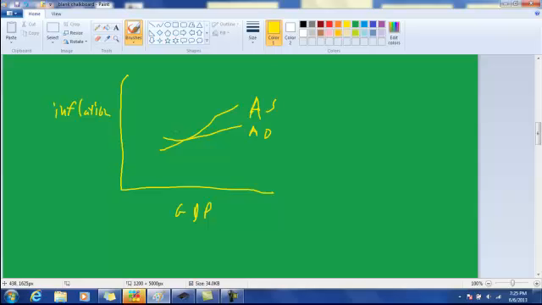But doing it this way, if we raise aggregate demand, which means raising inflation, not shifting the curve to the right, but shifting it up to the left, then you do get more output. So this is a peculiar story in which you have two upward sloping curves for aggregate supply and aggregate demand.